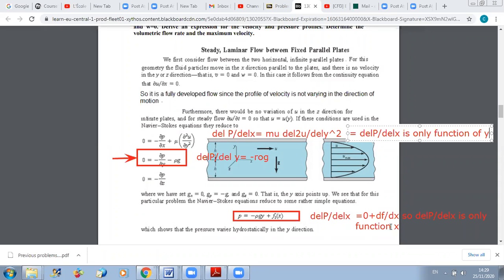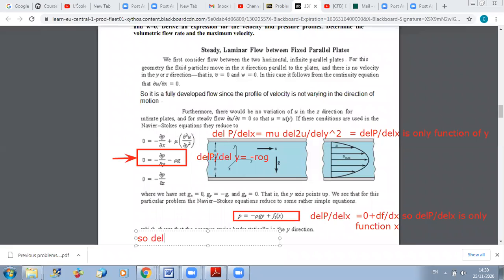Constant. Okay, so from these two results, because from the first result del P by del X is a function of Y, and from the second result del P by del X is only a function of X, I deduce that del P by del X is constant. Okay, and now since I know that del P by del X is a constant, it will simplify my integration a lot.